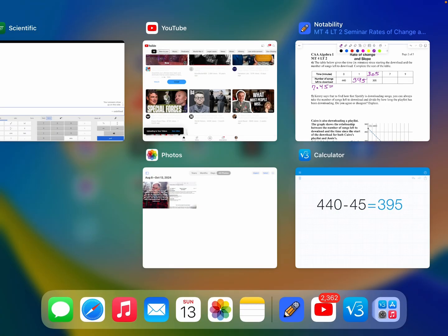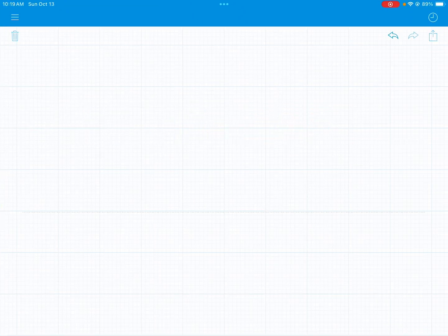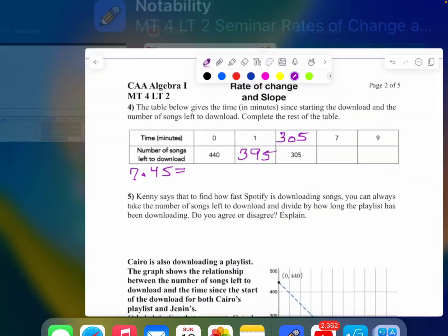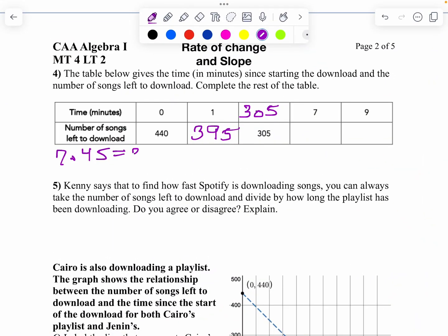If I take 7 times 45, we get 315 songs downloaded. That's not how many she has left. Then we take 440 minus 315, and you get 125 songs left.